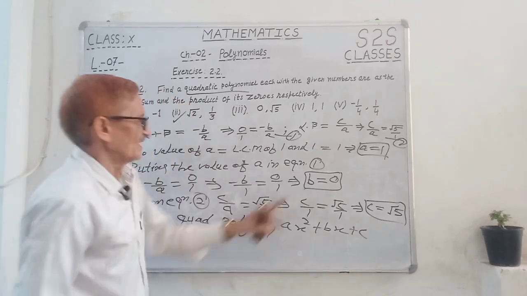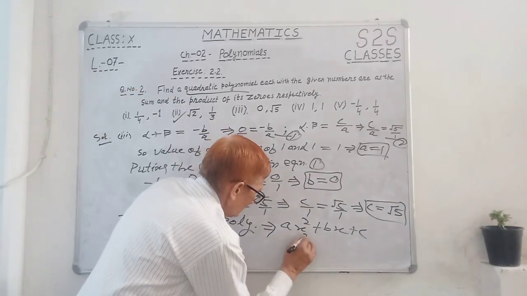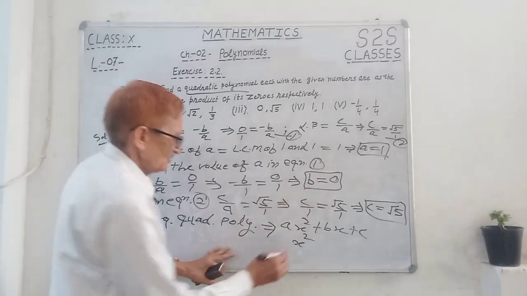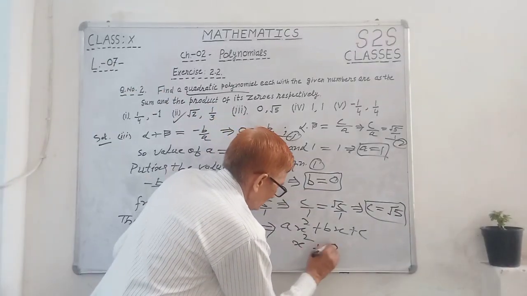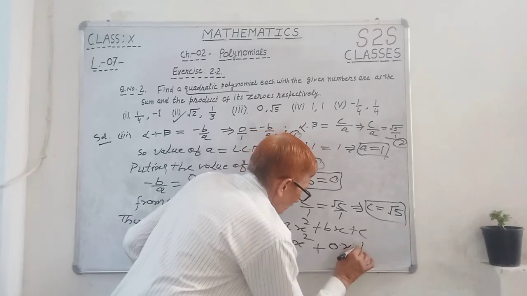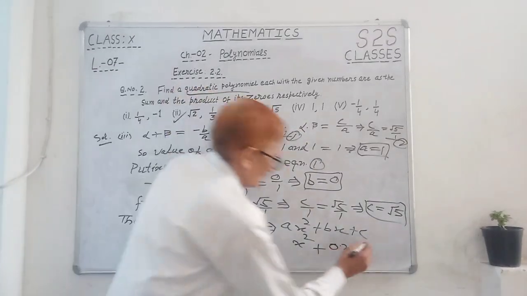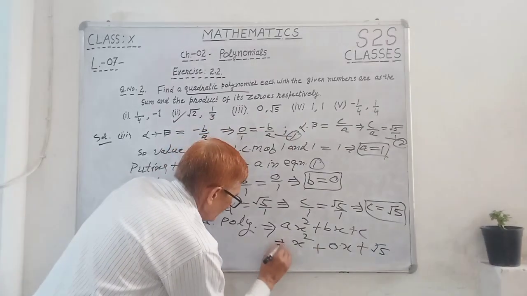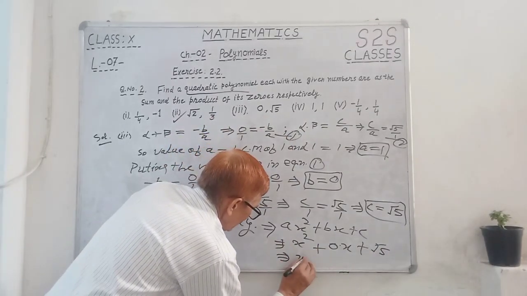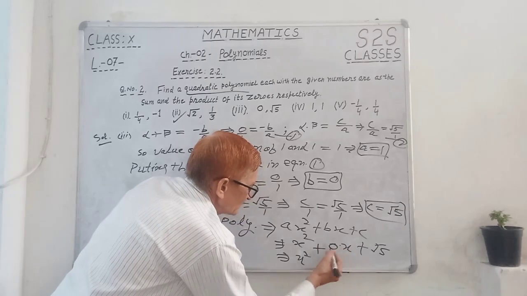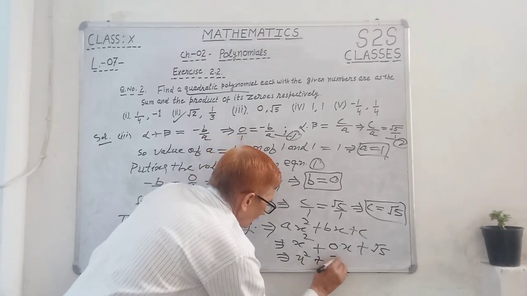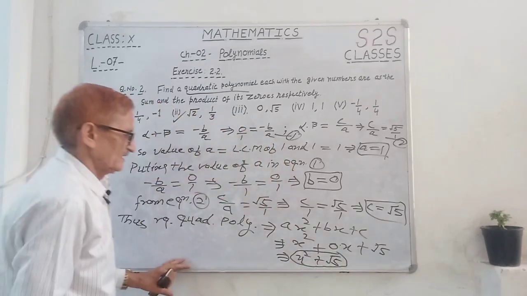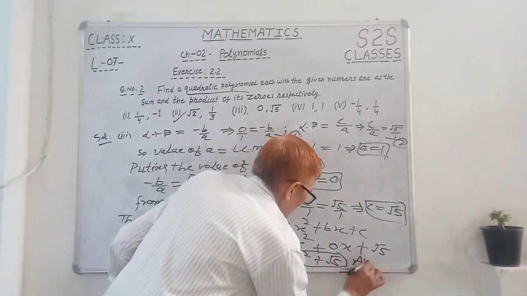Put here a. What is a? 1 x square, then x square plus b x, b is 0 plus 0 into x will be finished 0 and plus c is root 5. So final, what is final? x term finish, then it is x square and 0 into x 0, then plus root 5. This is your required quadratic polynomial answer.